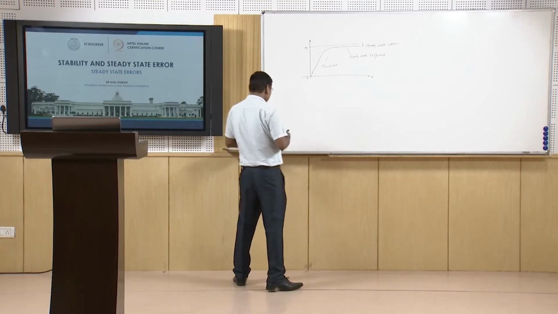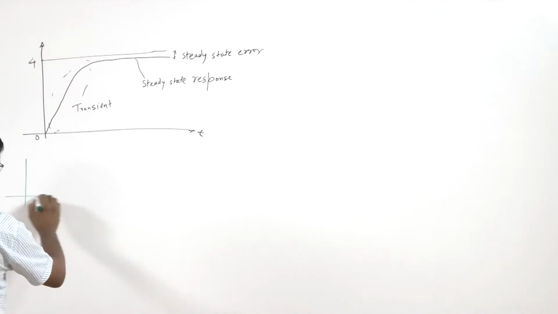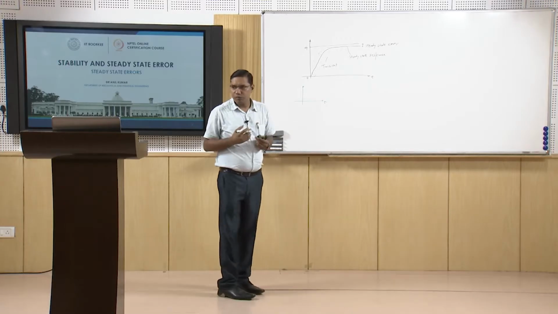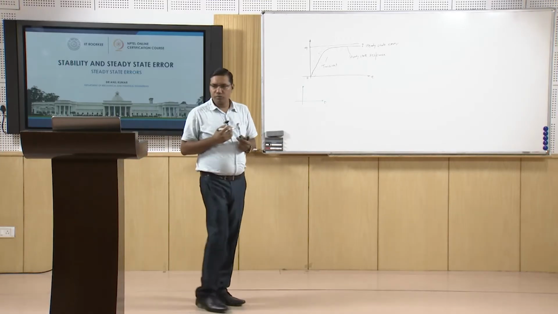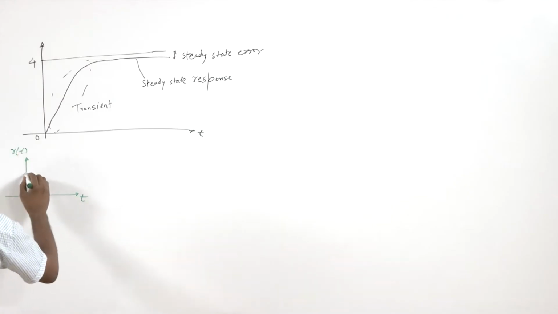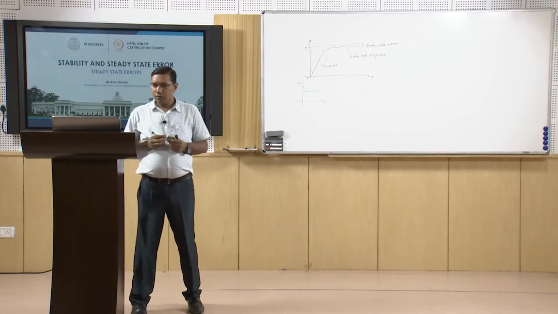Step input. This is the step input, with time, and here we have the input r(t). This is constant, or if you give this value 1, that is a unit step.